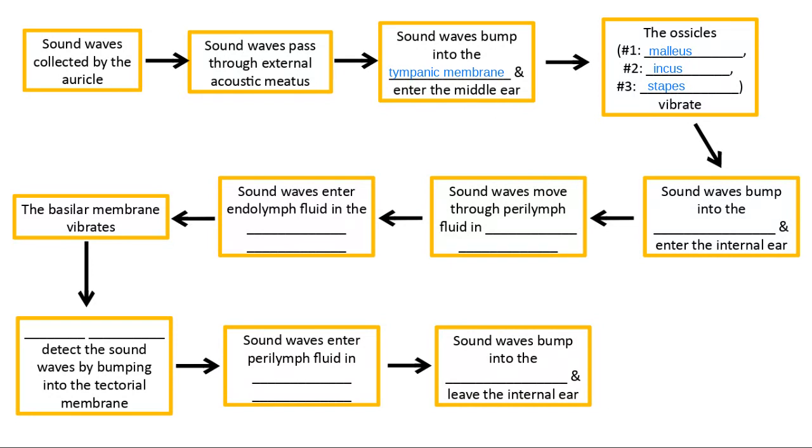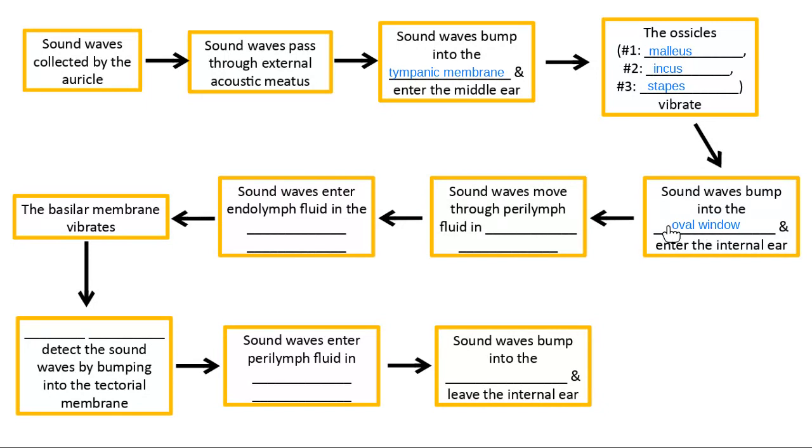Dividing up the middle ear from the internal ear is a structure called the oval window. The oval window is where we get into the internal ear. And remember that the internal ear is the only part of the ear that's filled with fluid. Once we get on the other side of the oval window, now we're filled with fluid.